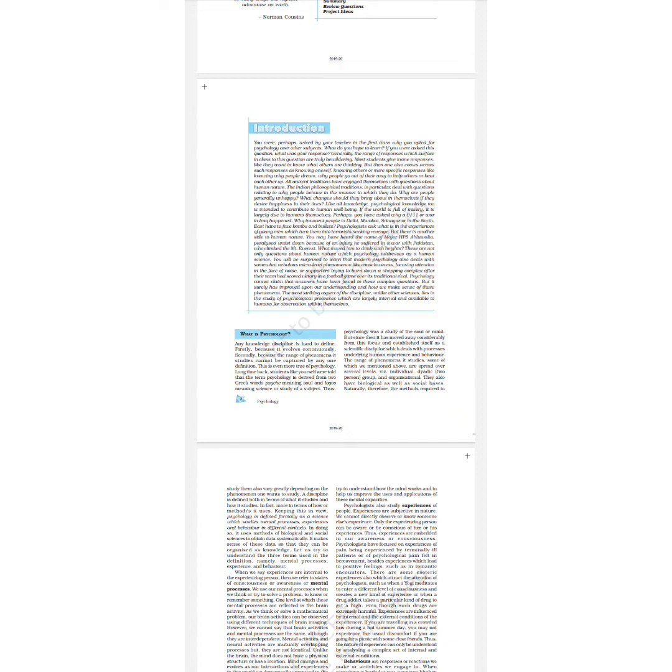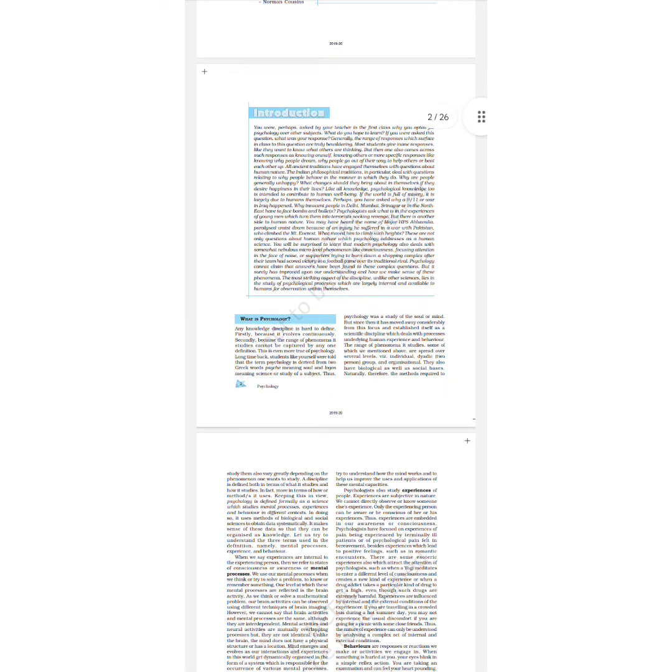Then the second point that you can mention is that the range of phenomena that the subject studies cannot be captured by one definition.